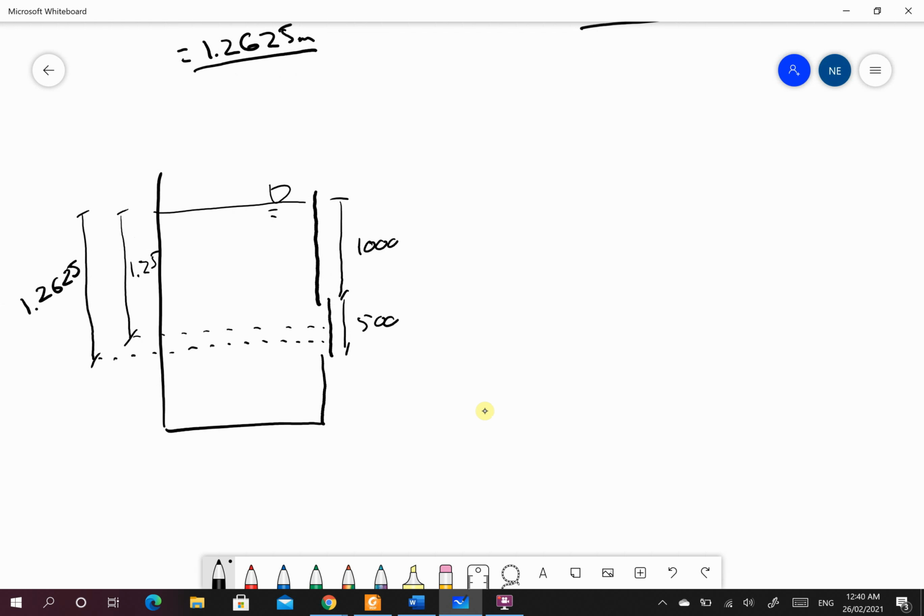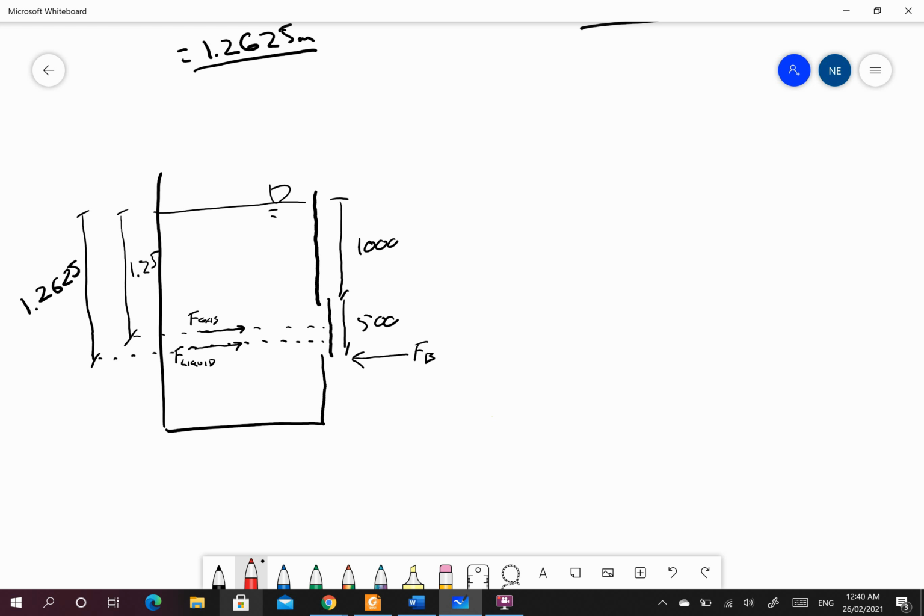And I have my bolt sitting down here, FB. Along this line here is my F of the liquid, and along the center line here is the F of the gas.